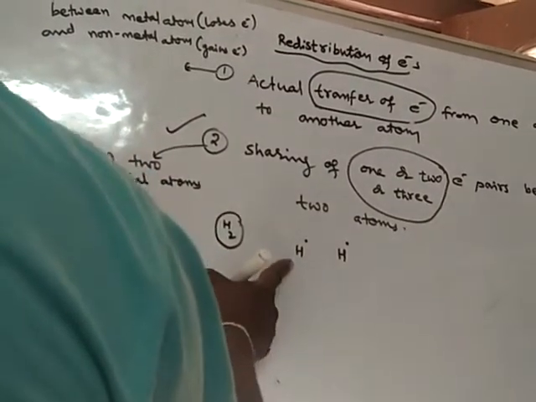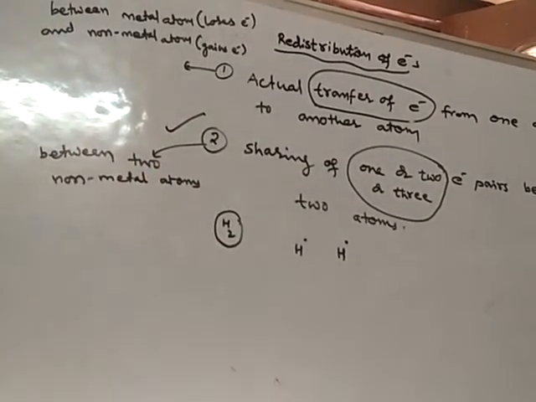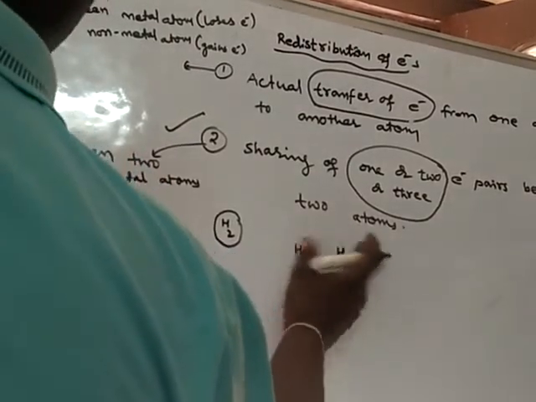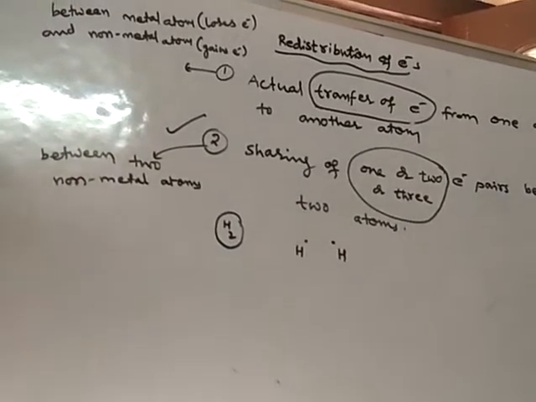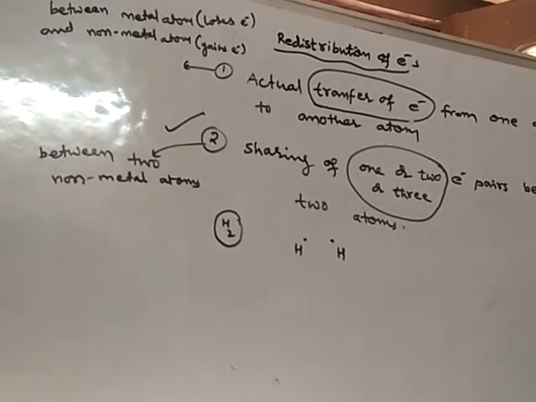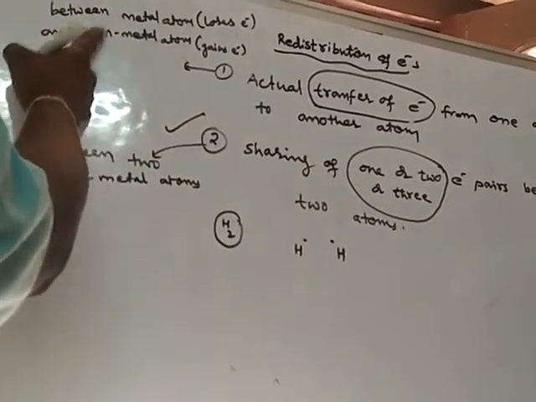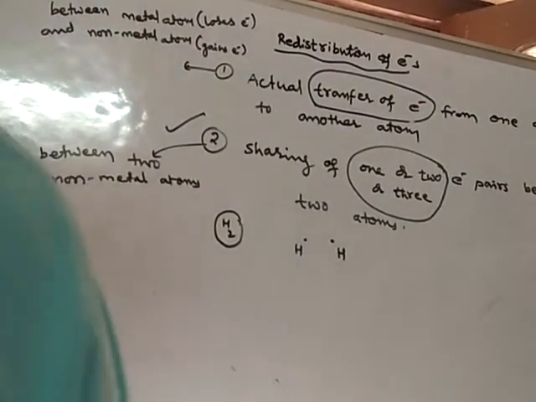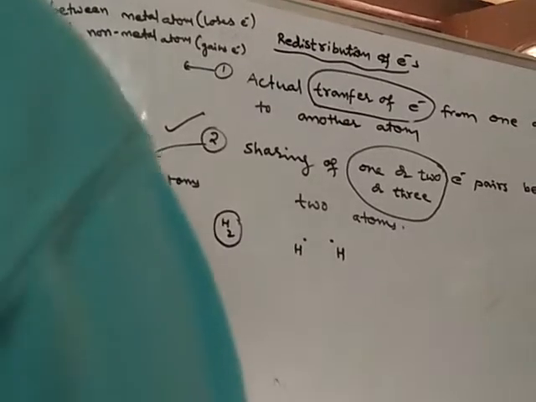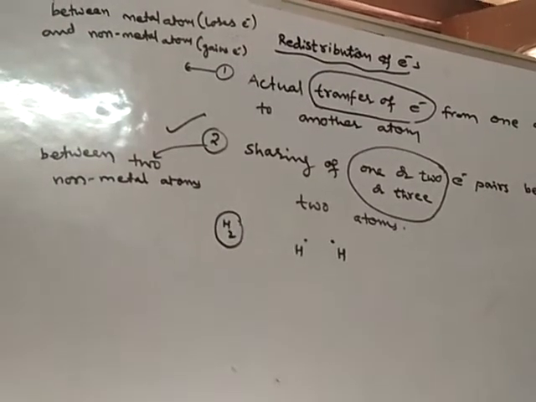See, every hydrogen is having only 1 electron in its valence shell. So here transfer of electron is not possible. Why? Because transfer of electron is possible between a metal atom and a non-metal atom, but here these 2 are non-metals. Non-metals do not like to lose electrons; they always like to gain electrons.